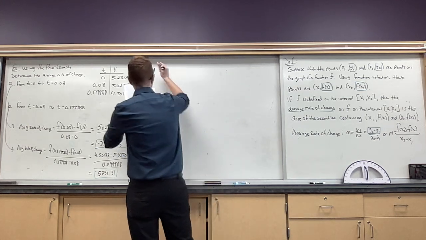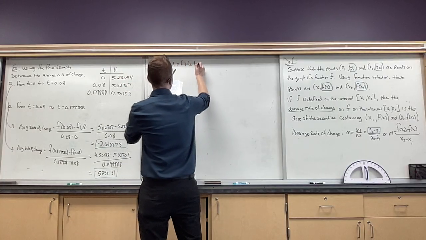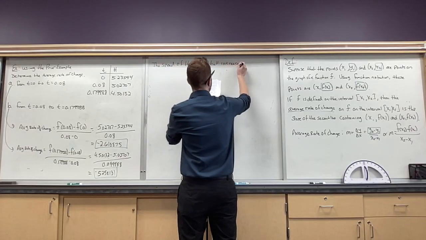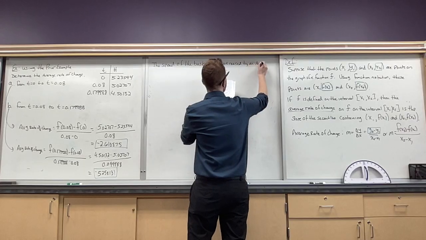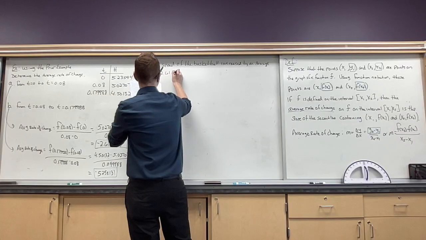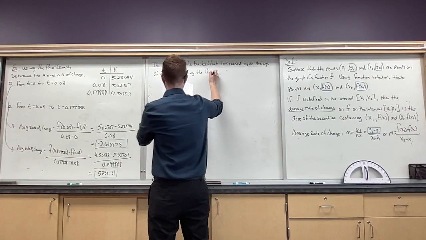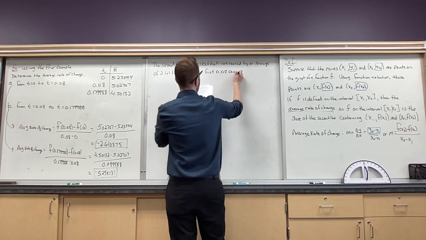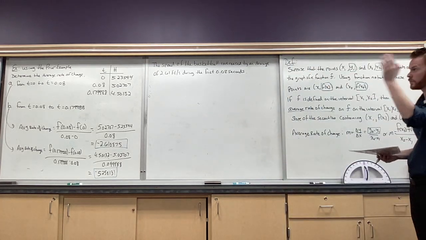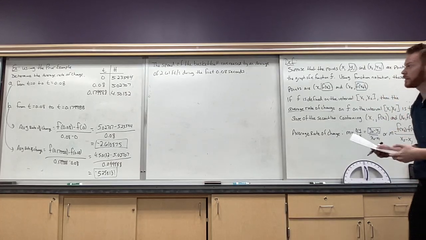Okay, so this means the speed of the basketball increased 2.61 feet per second during the first 0.08 seconds. Okay, so that's what the first one is telling me. So from 0 to 0.08, the average speed increased by this much.